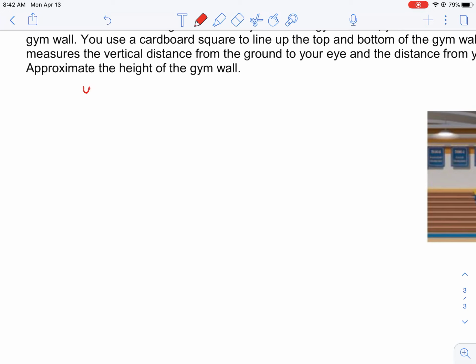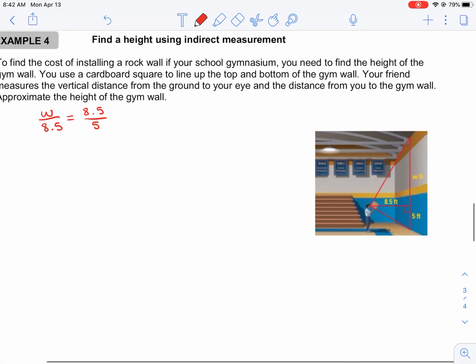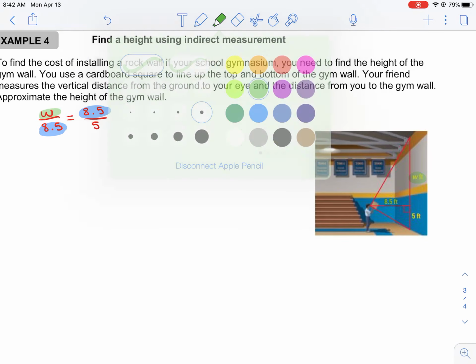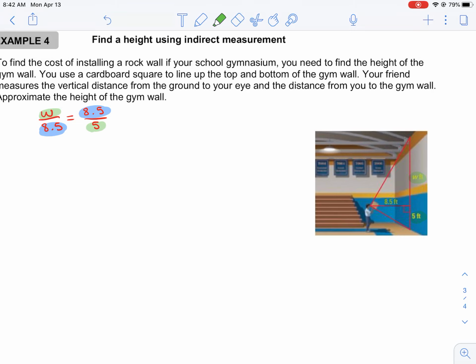So our proportion we're going to set up is W over 8.5 equals 8.5 over 5. I didn't color code these ones, but let's just highlight and color code. So W is right there. This 8.5 is right there. And then we have another 8.5, right? That's the same one. And then the 5 right there. So I can hopefully help you model how you're going to set these up.